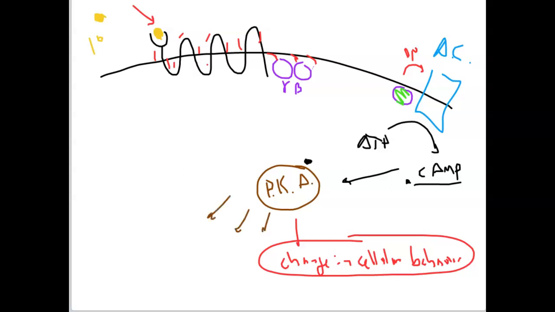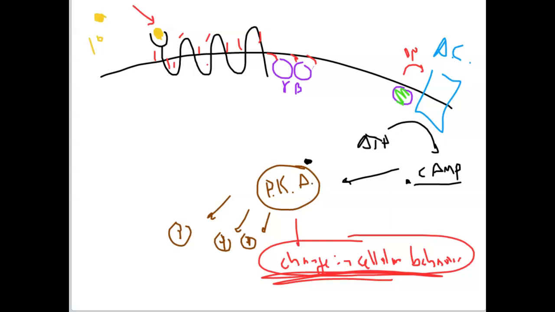Kinases phosphorylate things. And by adding phosphate groups to target proteins, they turn some proteins on, they turn other proteins off, they drive the expression of new genes, so new proteins are made in the cell. A whole array and suite of proteins is acting differently now because of protein kinase A being active, and that means we have a change in cellular behavior. The cell is responding to the signal.